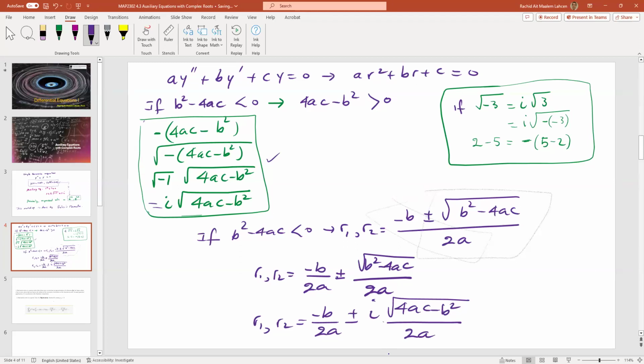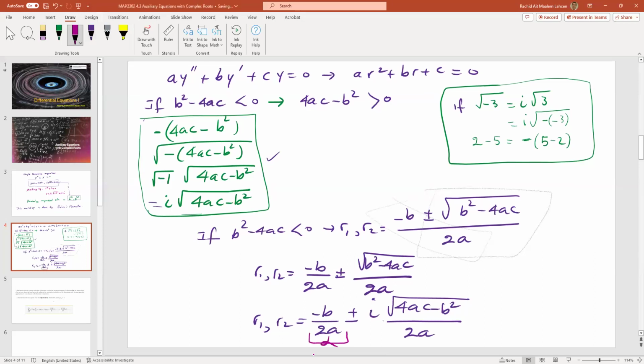Okay, so now we will say this is some alpha and this is some beta. So alpha is always this, and beta is always this.